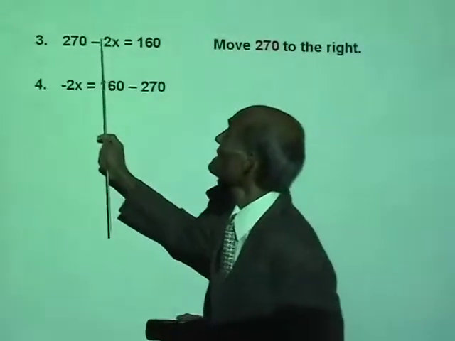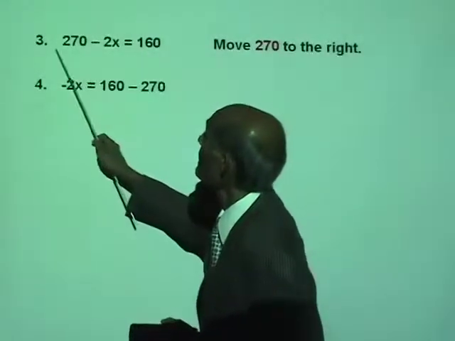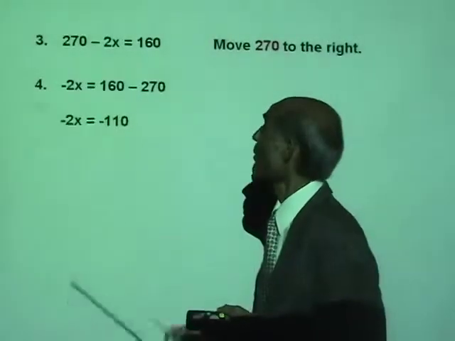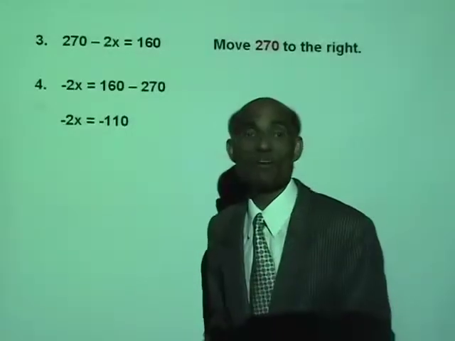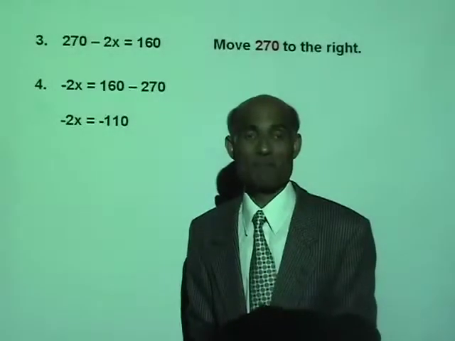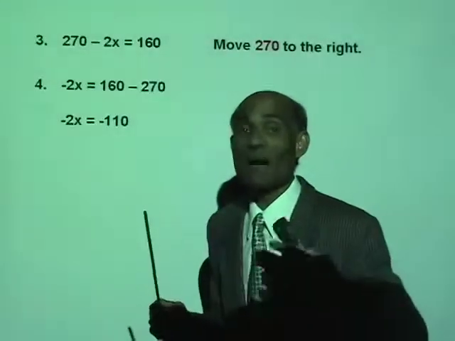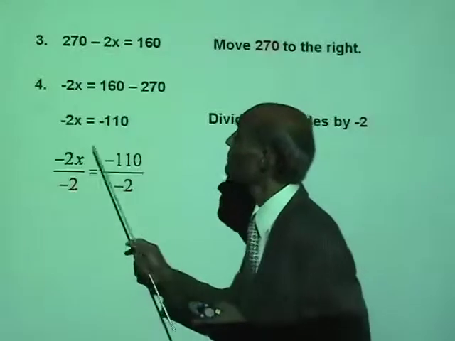It gives me negative 2x equal to 160 minus 270, or negative 2x equal to negative 110. We got to get x alone, so we divide by negative 2. Divide both sides by negative 2.